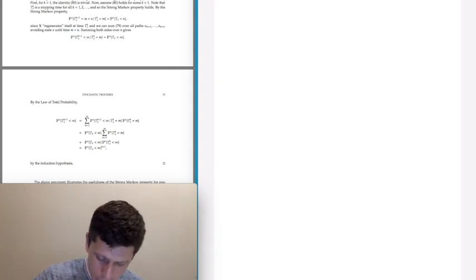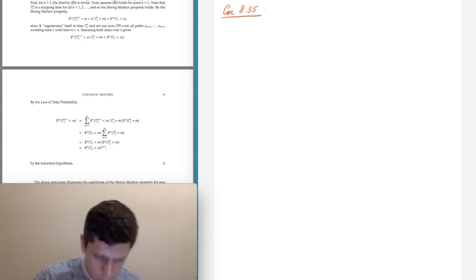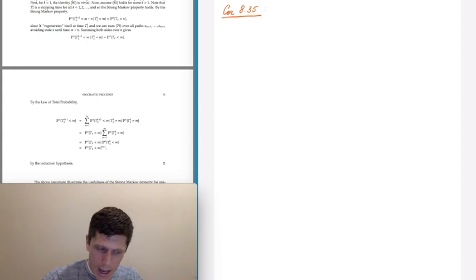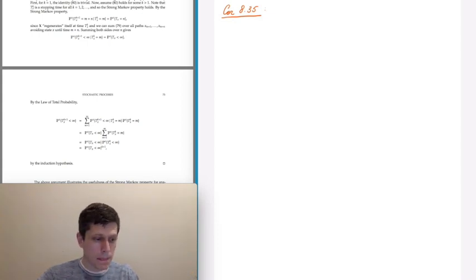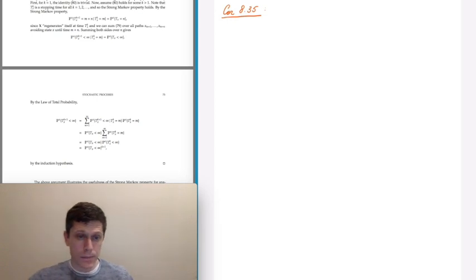So in the X chain, as a corollary, if X has a positive recurrent state, then it's going to have a stationary distribution.